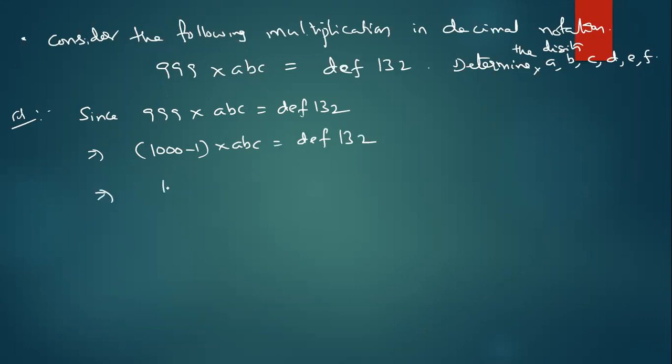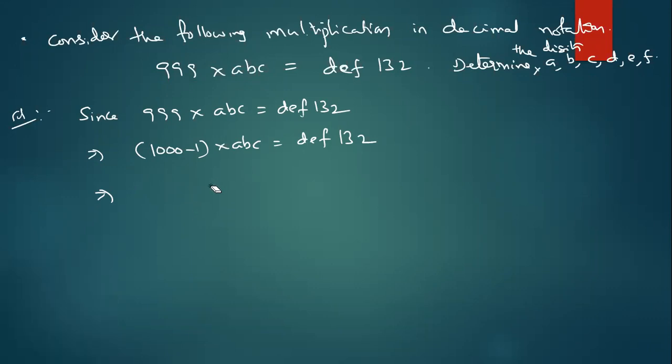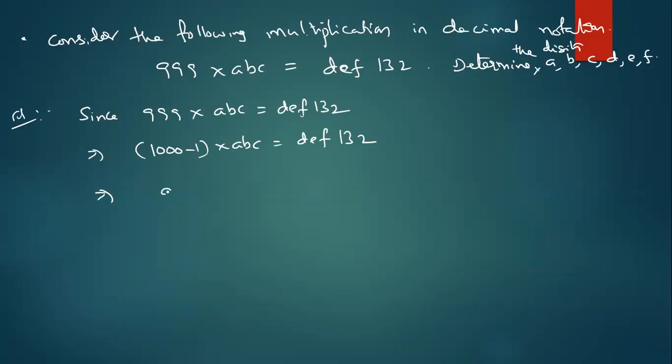Multiply them. 1000 ABC means ABC000, which equals DEF132 plus ABC, transposing the minus ABC to this side.